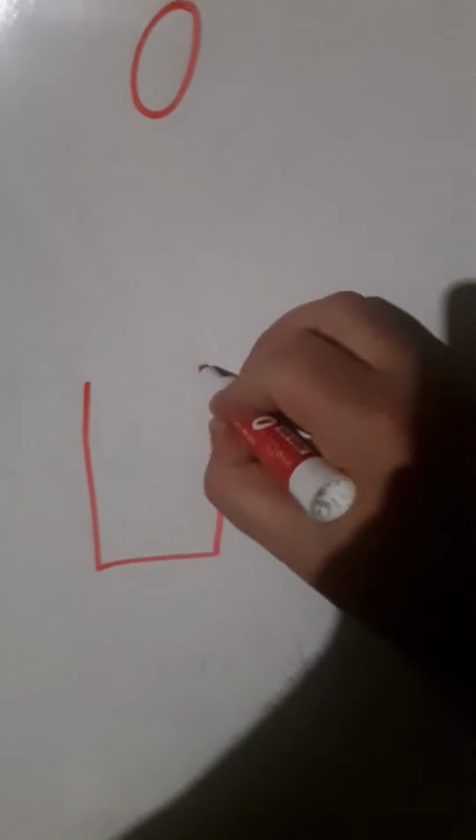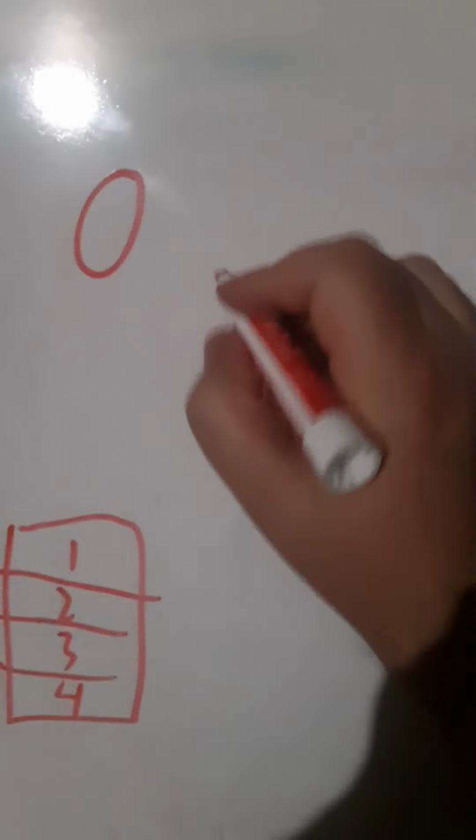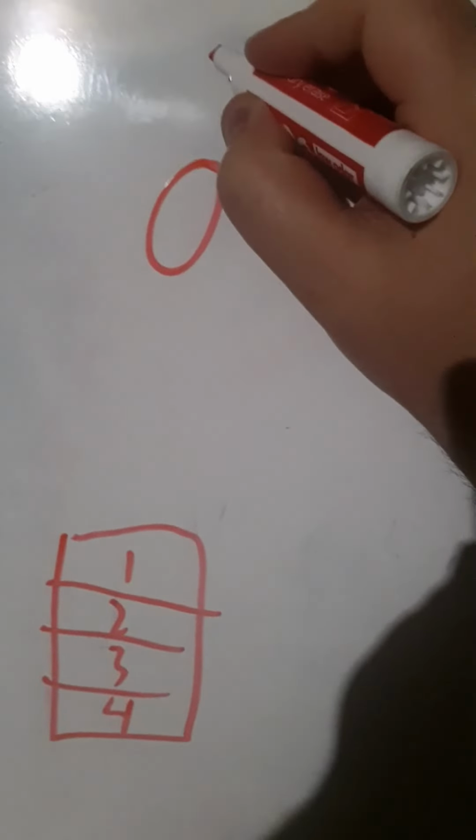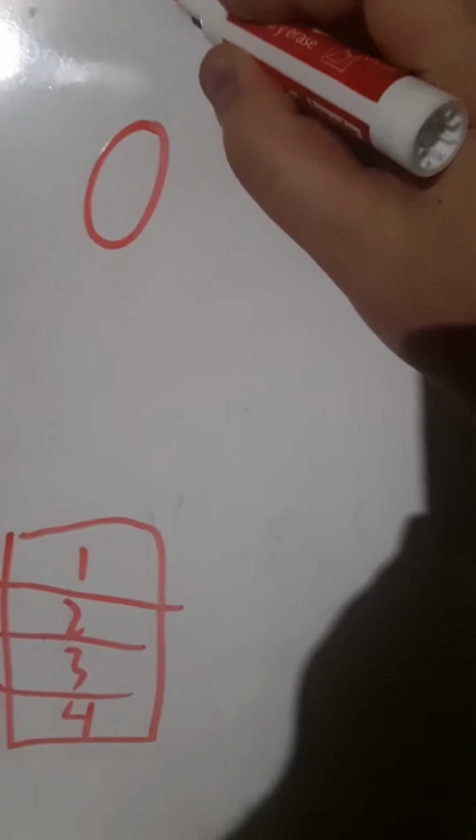Player has an array of positions: 1, 2, 3, 4. At the very beginning, the player is going to be instructed to go to position 1.